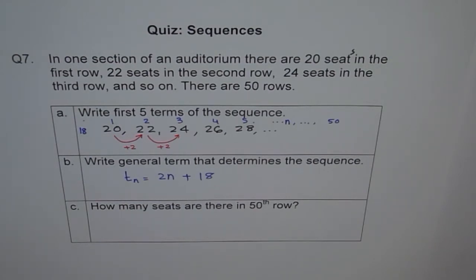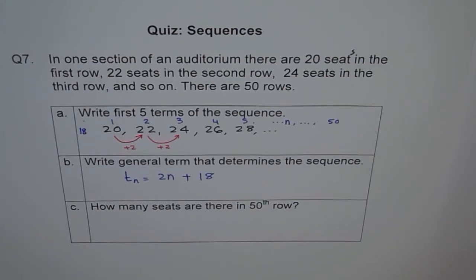So it is related to y equals mx plus b, where b is the y-intercept, and we get the y-intercept at x equals 0. Remember one more thing, in sequences n is always a natural number. That is 1, 2, 3, 4 and so on, never 0.